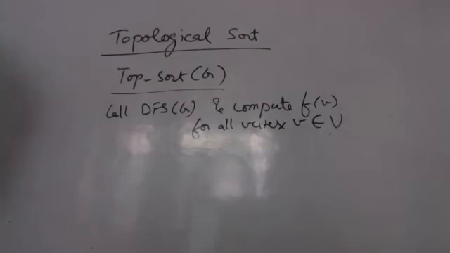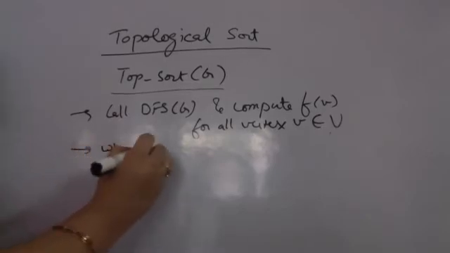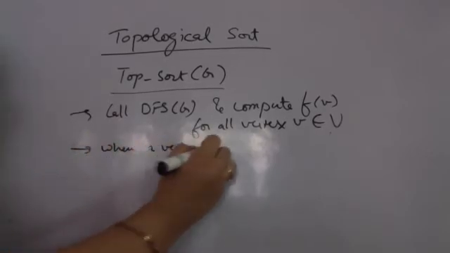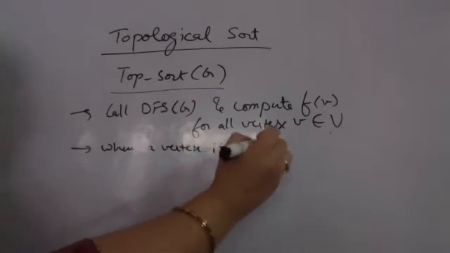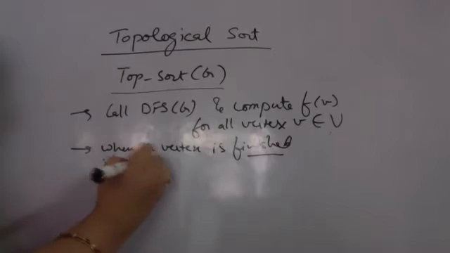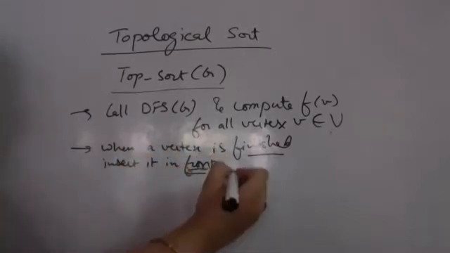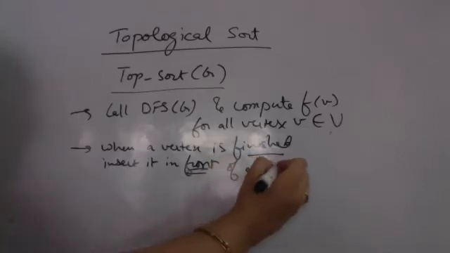Now for each vertex, whenever each vertex is finished, you are going to insert it in a linked list. So the next step is when a vertex is finished, in whatever order it finishes, insert it in front of a linked list.